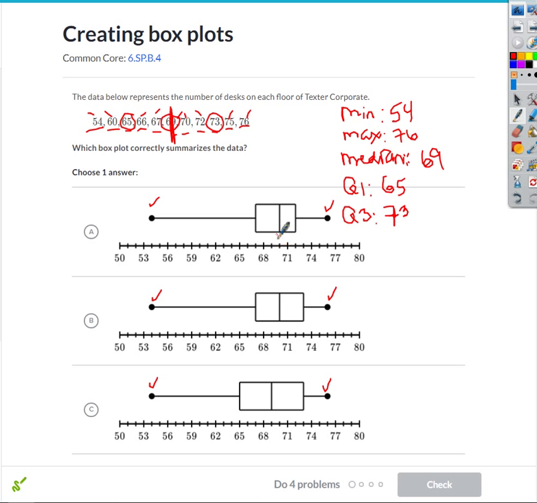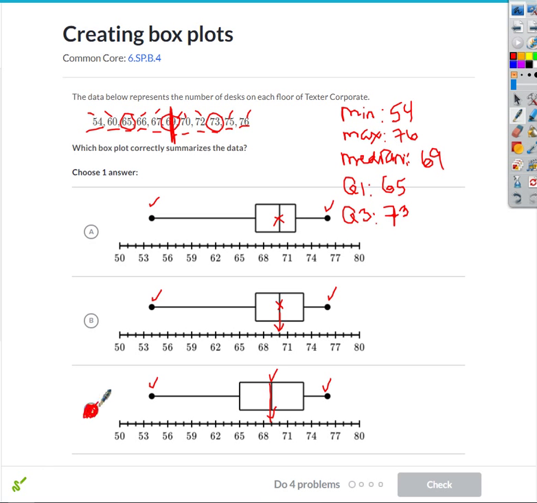So this is 70. So this is wrong. If we just follow it down, this is 70. That's wrong. And then if we follow this one down, that's 69. And that's right. So our answer is C.